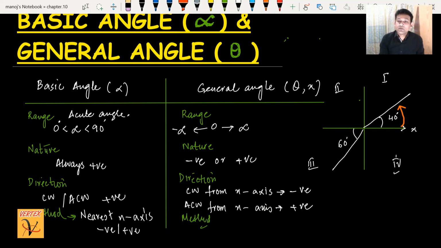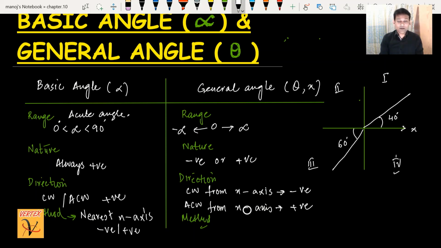But when I'm talking about the general angle, it is clockwise or anti-clockwise. Now you have to decide, or it will be given in the exam, in the paper or in the book, that we have to find the angle negative clockwise or anti-clockwise.